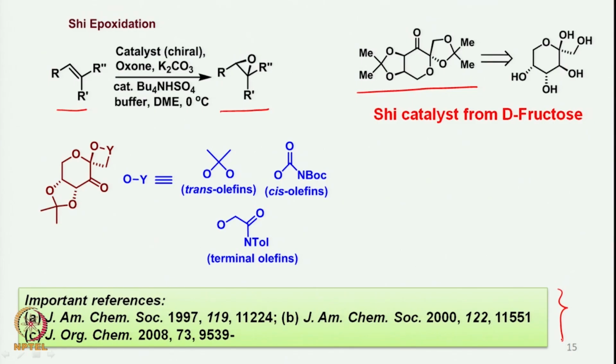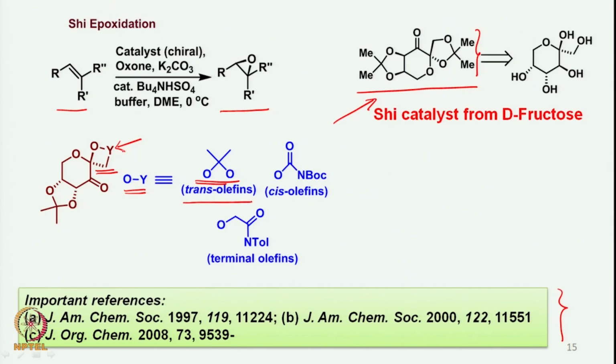What is found is that instead of this acetonide here, if we change the substituent here, say OY, if OY is this, which is what we have written here in this form, then this is useful for trans olefins.